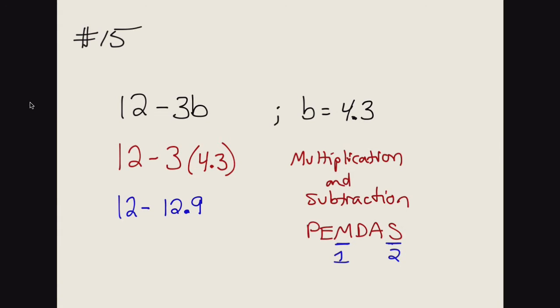Mackenzie Berg? Yeah, it's going to be a negative 0.9. And that is the correct answer for this problem. So we did multiplication, then we did subtraction, and we solved it. The answer would be negative 0.9.